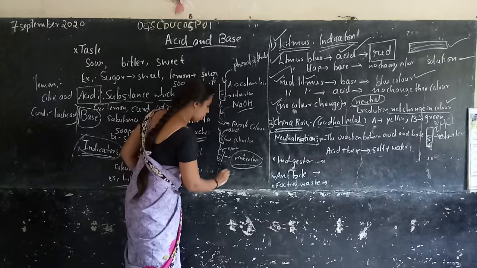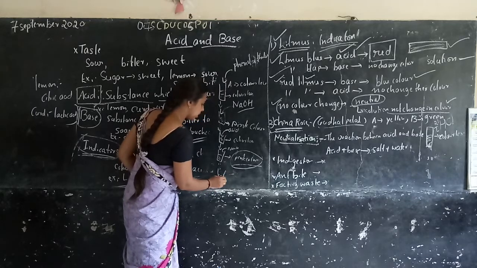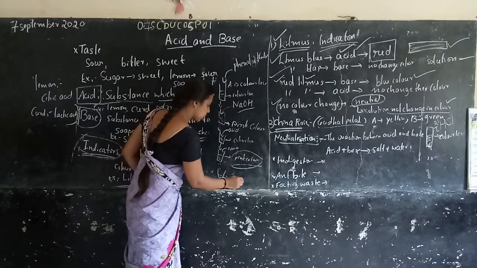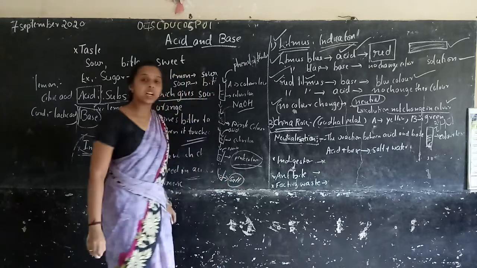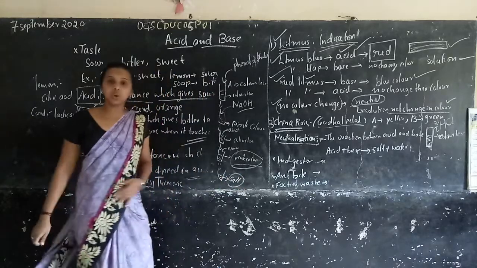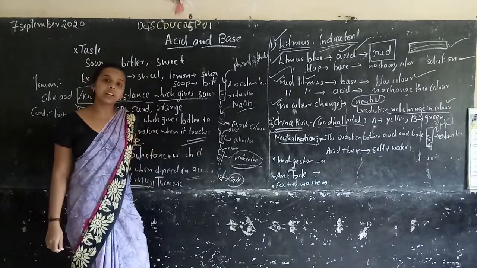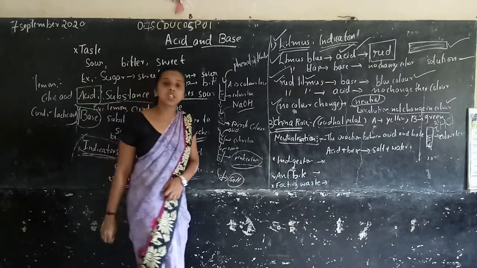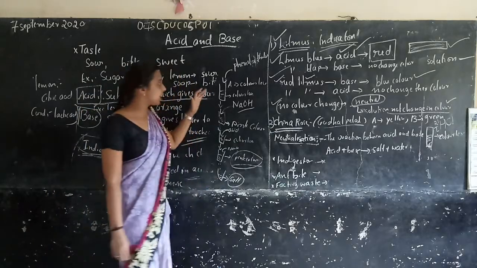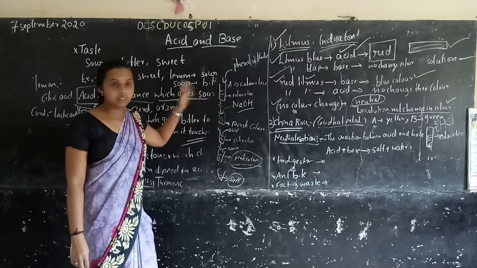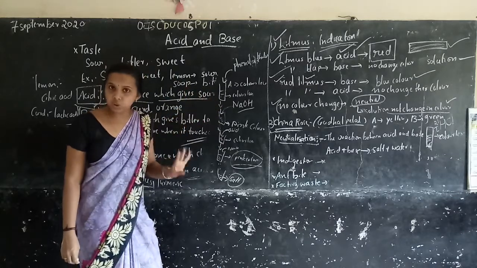at the end there will be some salt forming. That means a neutralization reaction occurs. How can we say the neutralization reaction occurs? When I first take acid, no color. When I add phenolphthalein, also no color.